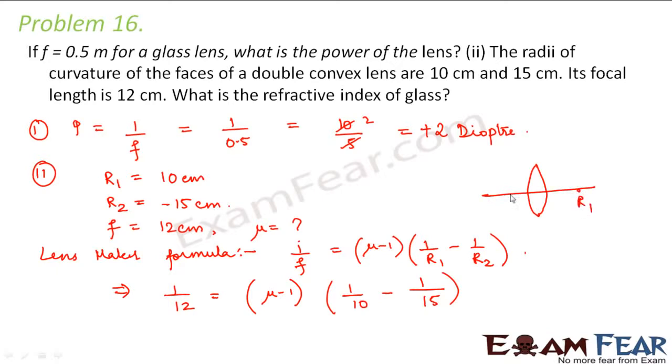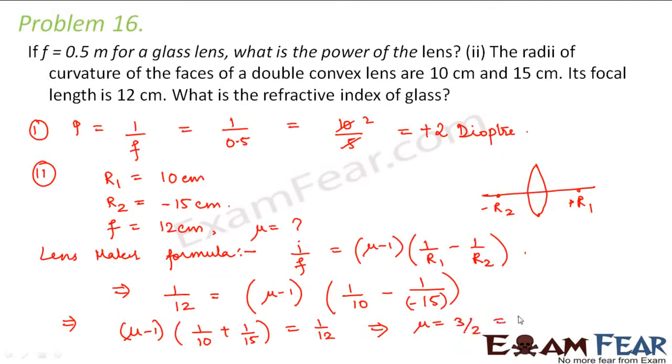So if this is R1, this is R2. So if R1 is positive, this R2 has to be negative. Therefore, we get mu minus 1 into 1 by 10 plus 1 by 15 is equal to 1 by 12. So from this we can calculate the value of mu, and this value comes out to be 3 by 2, which is equal to 1.5.